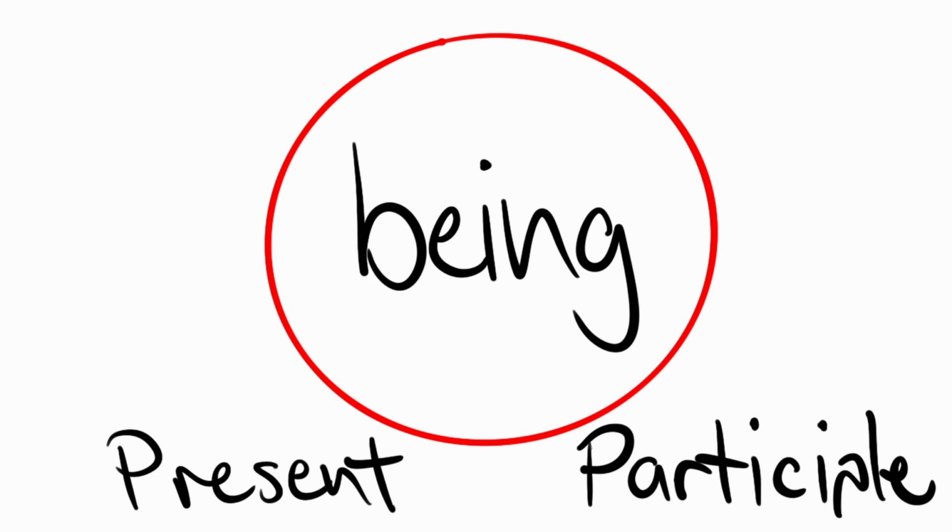The other way that is done is using the present participle, which is verb plus ing as the suffix or the ending of the word. Sometimes the verb may need a little bit of changing, but in the case of being, no changes needed. Just the bare infinitive plus the ending ing, being. Being is another way that we can create a noun idea out of a verb, right?